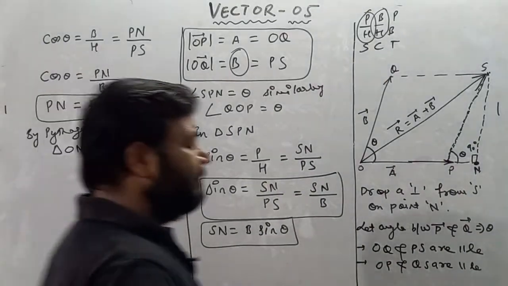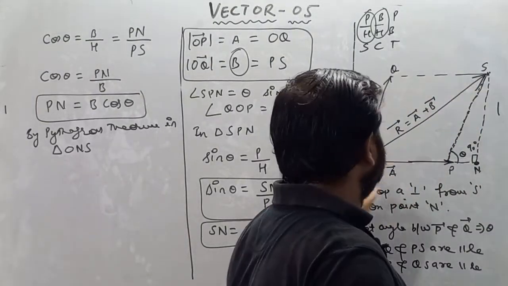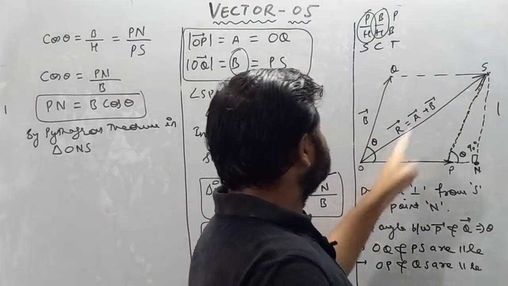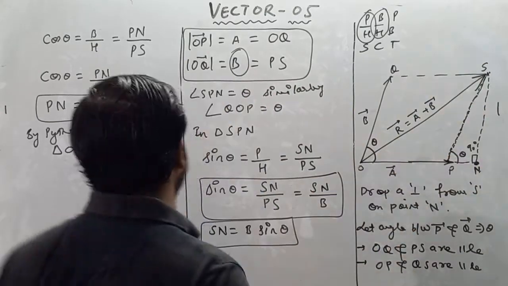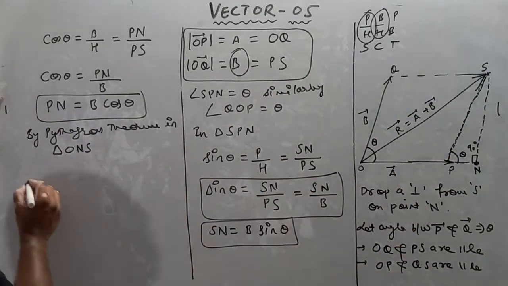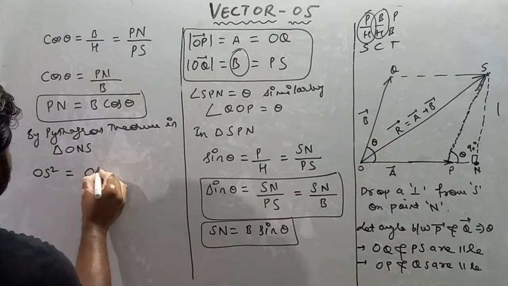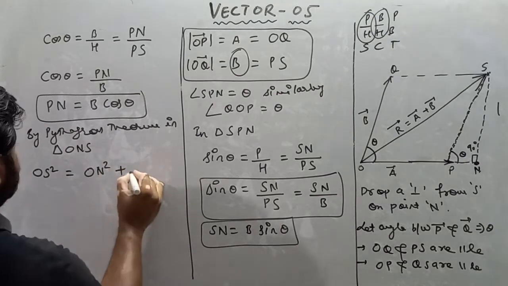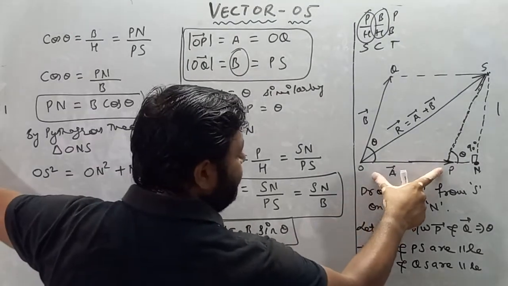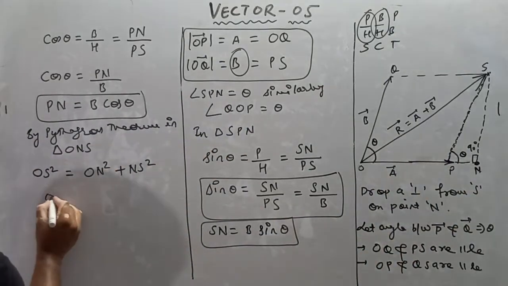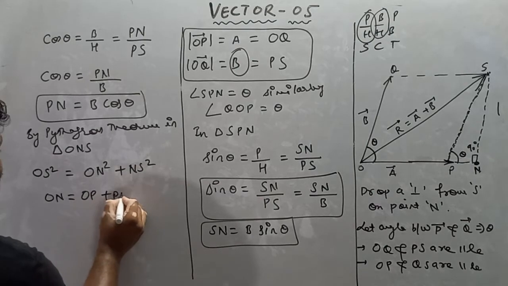I am using Pythagoras theorem in triangle ONS, as OS is the hypotenuse. So OS square is equal to ON square plus NS square. Instead of ON, I'll write OP plus PN.